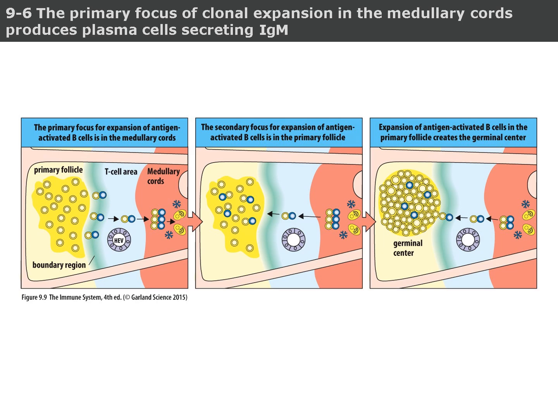This process helps generate long-lived plasma cells and memory B cells that produce high-affinity antibodies. Together, the primary and secondary foci ensure that the immune response is both rapid and refined, starting with broad IgM production and progressing to specialized, long-lasting protection.